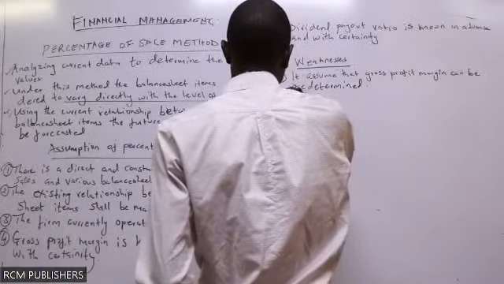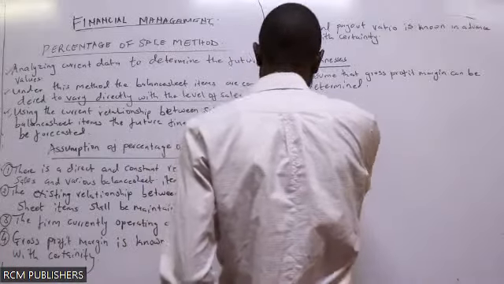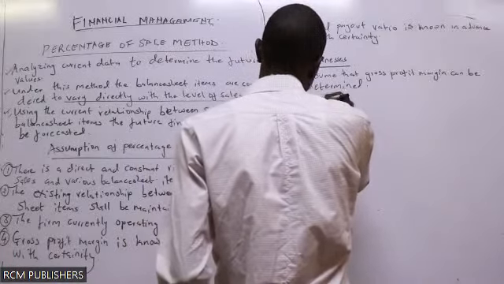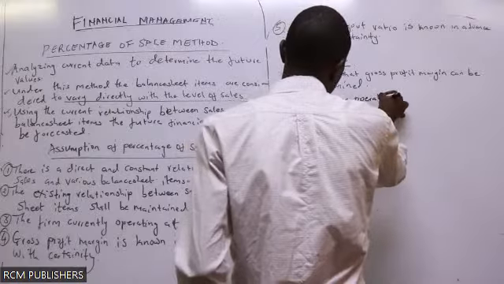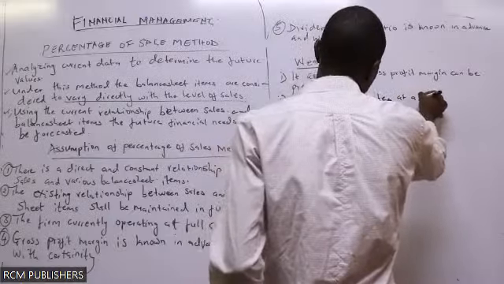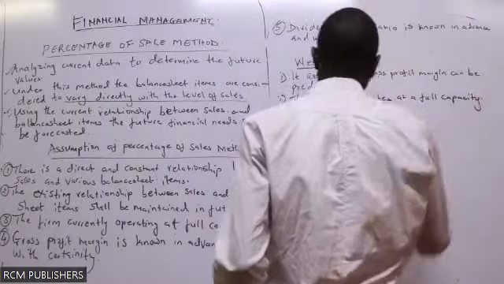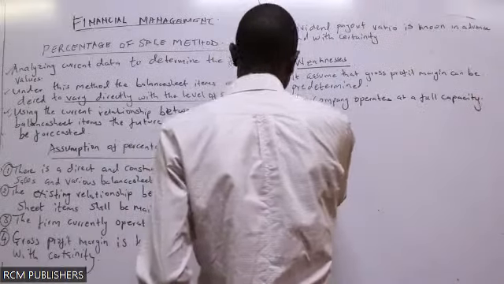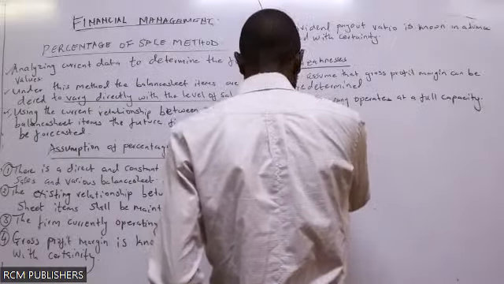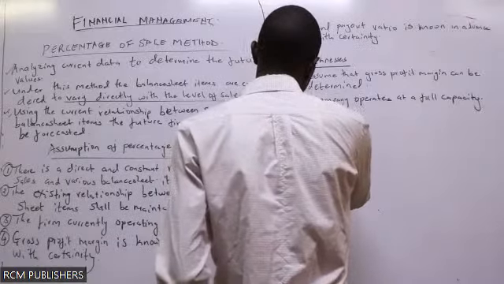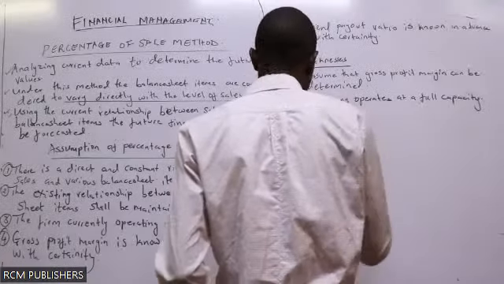That is one. Two, the company operates at full capacity. Great. Number three, the dividend payout ratio. You see, when you are asked of weaknesses, you take those assumptions. Unaziframe, eh?